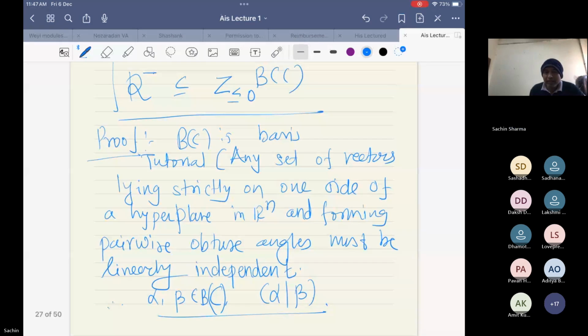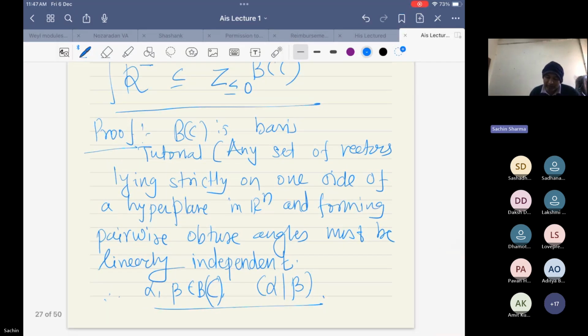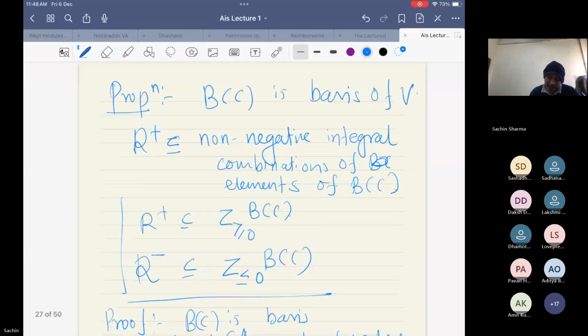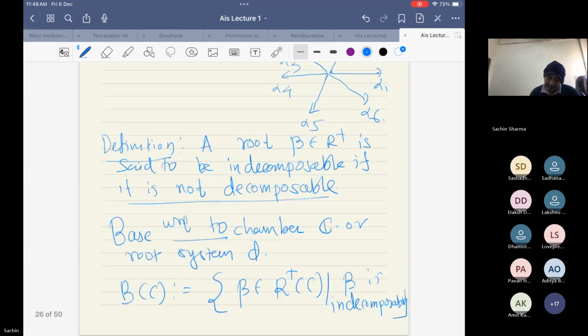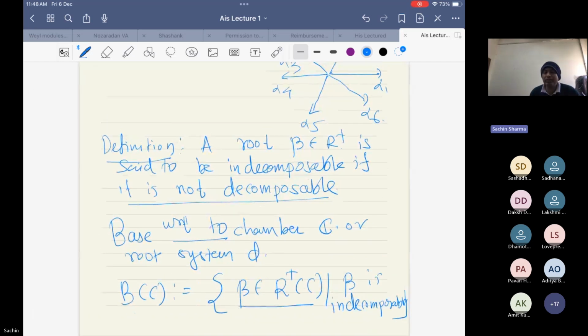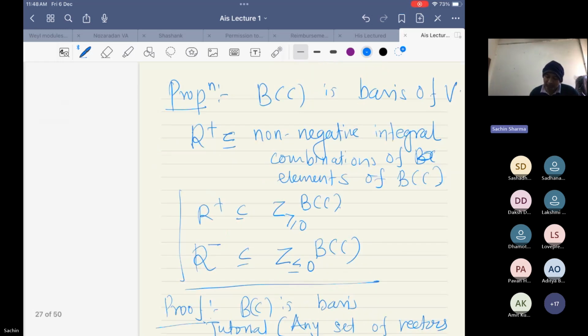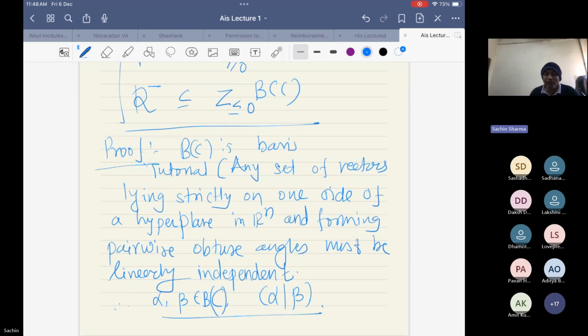What is B of C? These are all the roots which are indecomposable. I hope you have not lost track of the definitions.